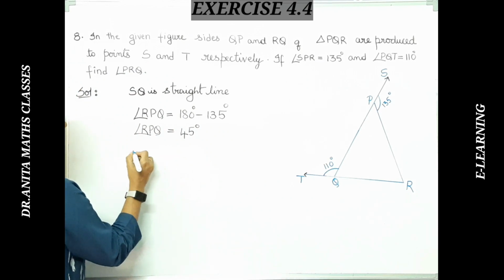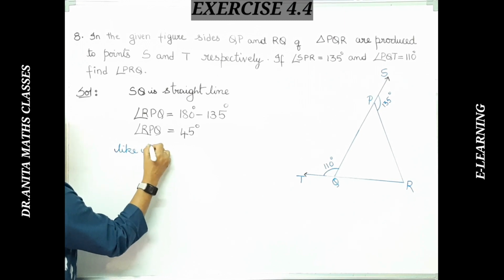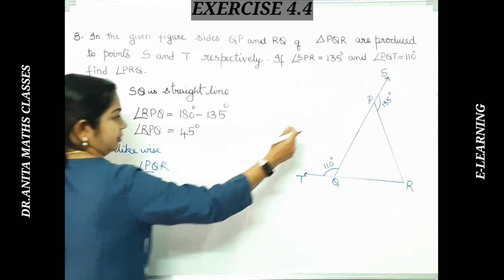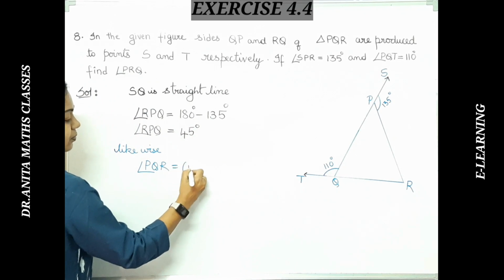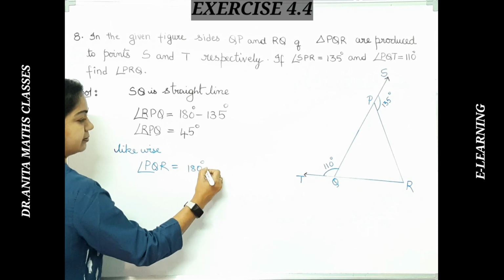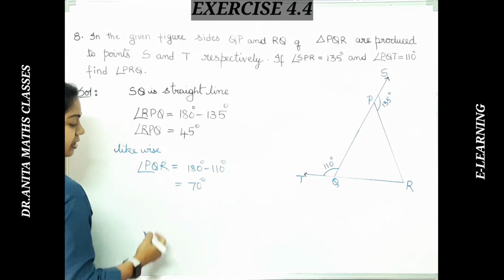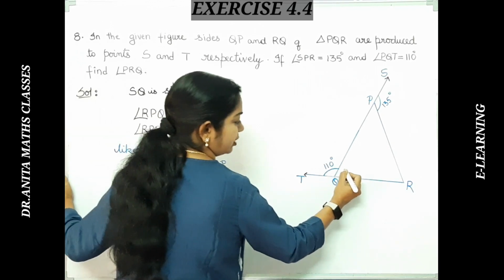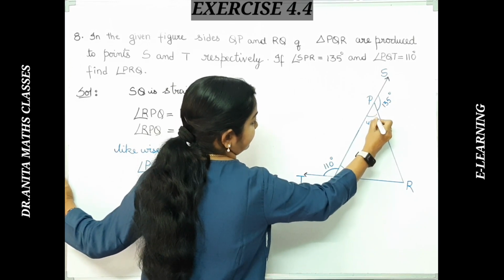So likewise, I want angle PQR, that is equal to 180 minus 110 degrees, that is equal to 70 degrees. Right, we got angle PQR as 70 degrees. So we got this as 70 and this as 45.